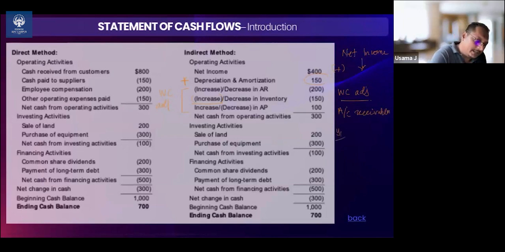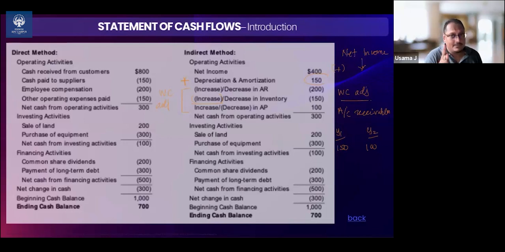Year one, I had accounts receivable of $150. Year two, I had accounts receivable of $100, right? Now look at it this way. At the beginning of the year, some guy had to pay me $150. At the end of the year, he only has to pay me $100.